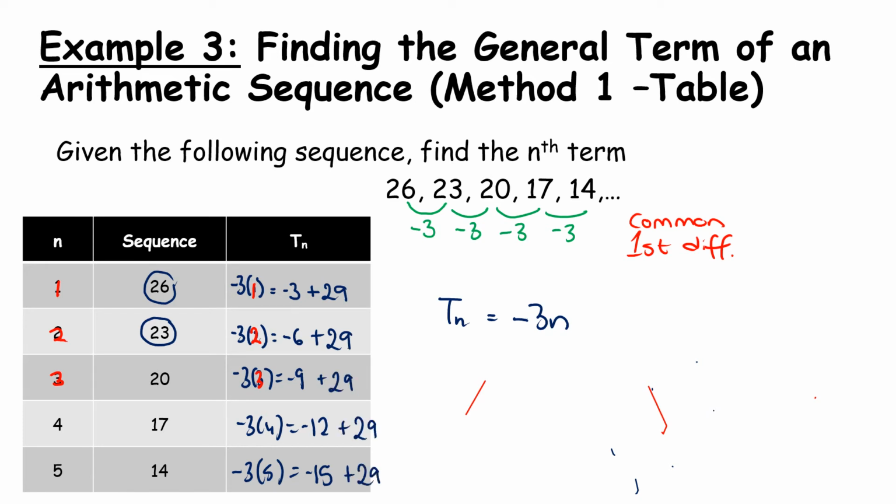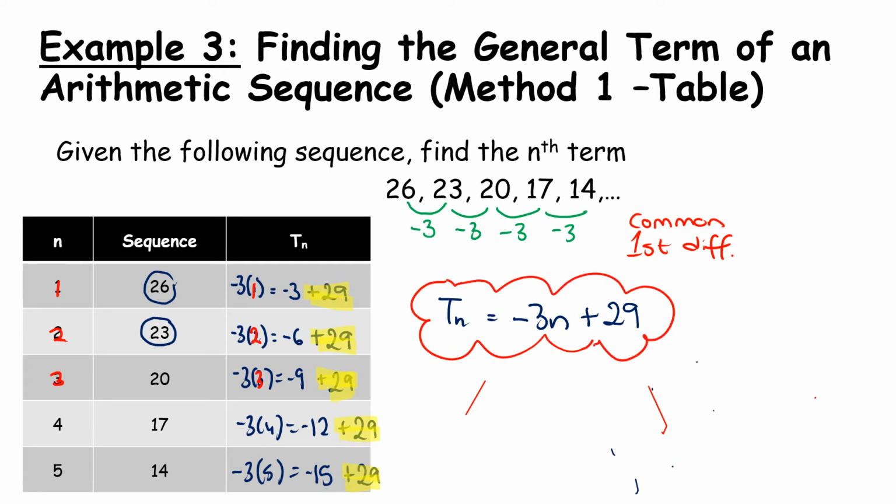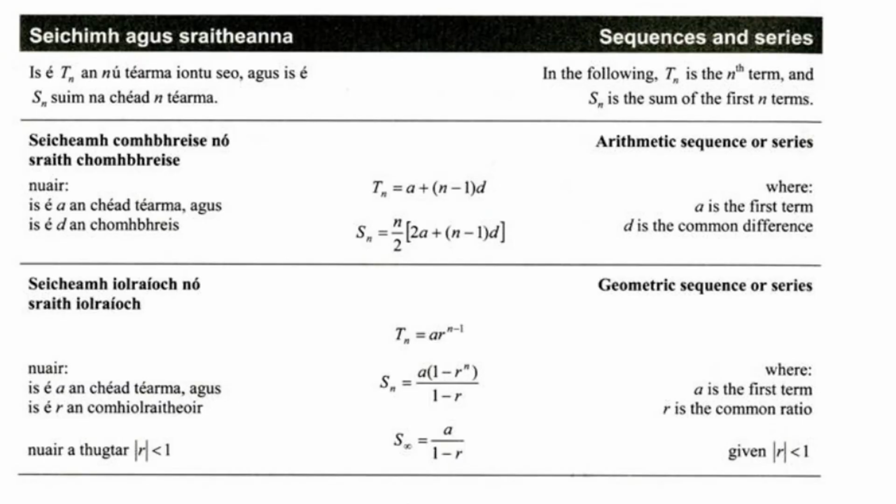It's the constant piece. So we have plus 29, plus 29, plus 29. That gives us our formula as minus 3n plus 29. So that is the table method, which can help us work out the general formula, or Tn, for an arithmetic sequence.